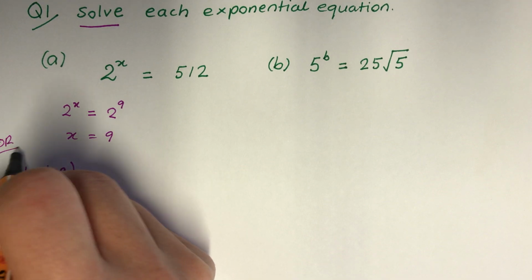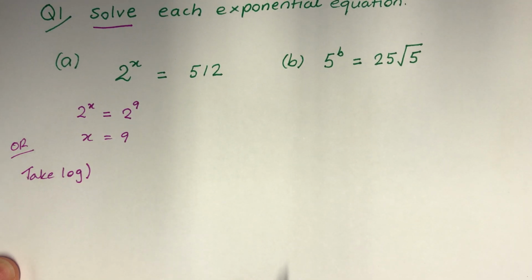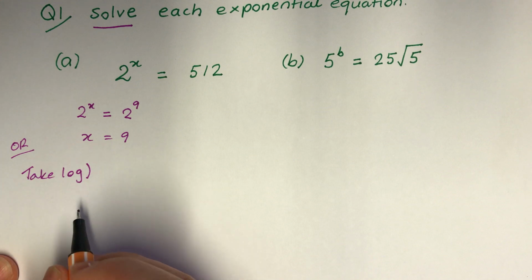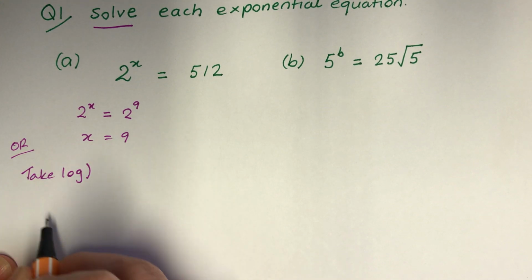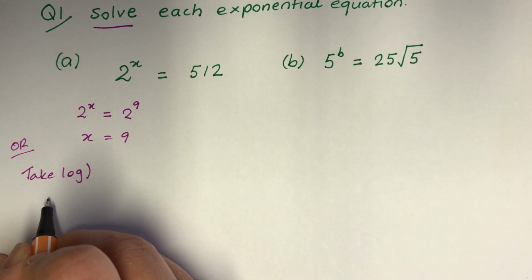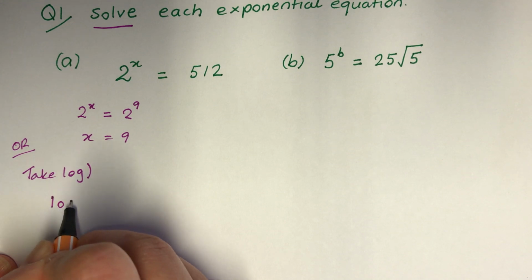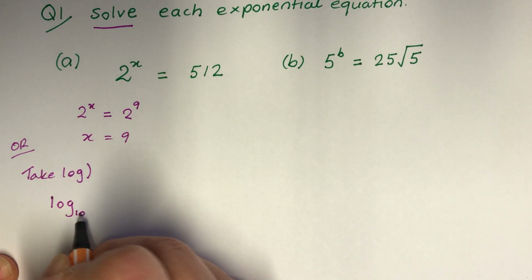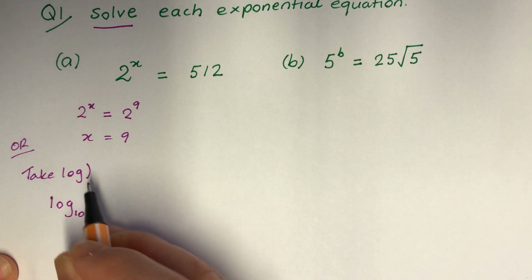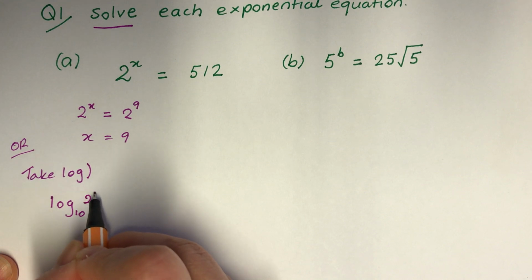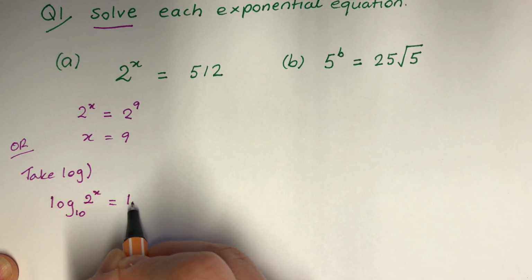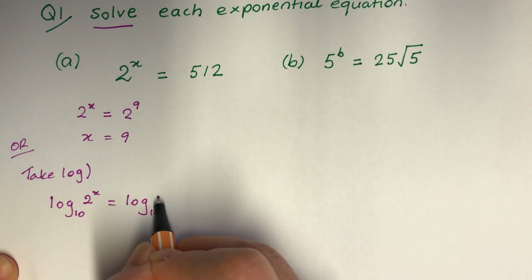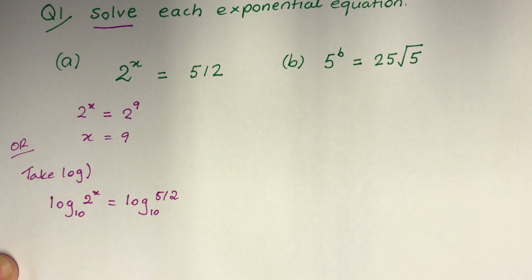So I'm going to put log in front of both sides. When I say log here, I mean log base 10. So it'll be log base 10 of 2 to the power of x equals log base 10 of 512.